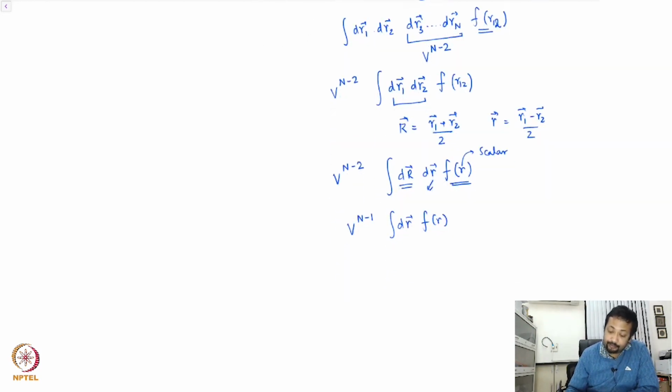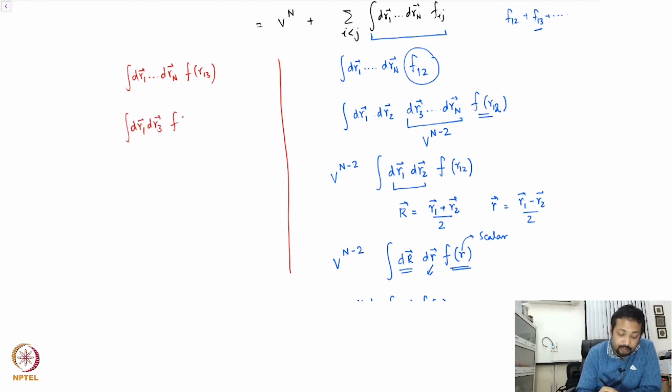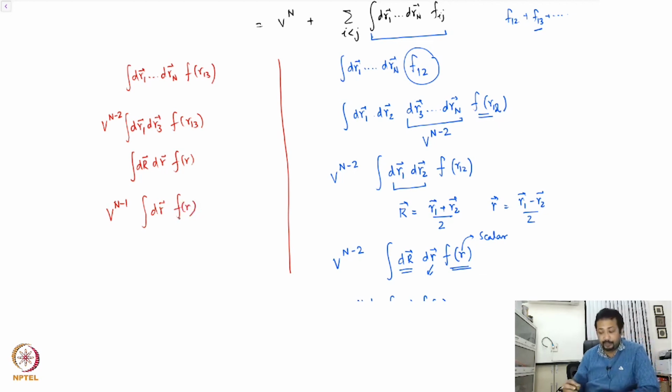If I choose f13, just very briefly I want to write down over here, I can carry forward the same argument that I did, f of r13, and again you will see that I'll have dr1, dr3, f of r13, the integral over the rest of the coordinates is going to give you V to the power n minus 2, and this again is going to give you dr f of r, so that you are going to have V to the power n minus 1 times the integral d of r f of r.